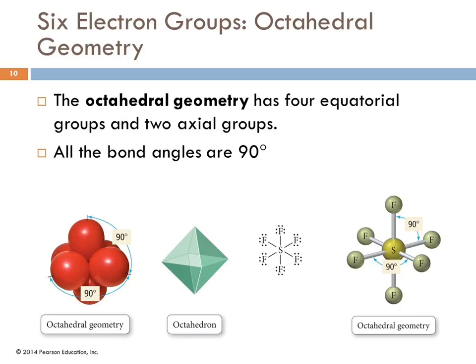There's 8 faces. It's an octahedron. So we can look at this and say that we have 2 axial groups and 4 equatorial groups. So this little girl's tutu just has more stuff in it.